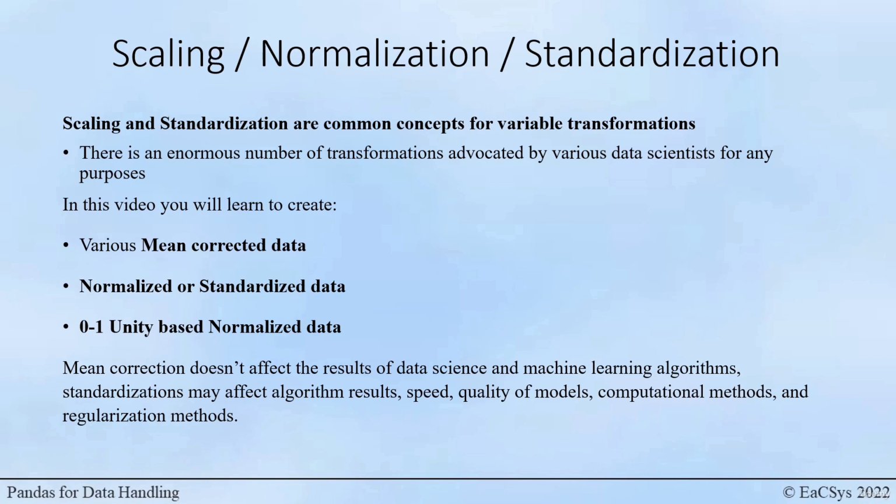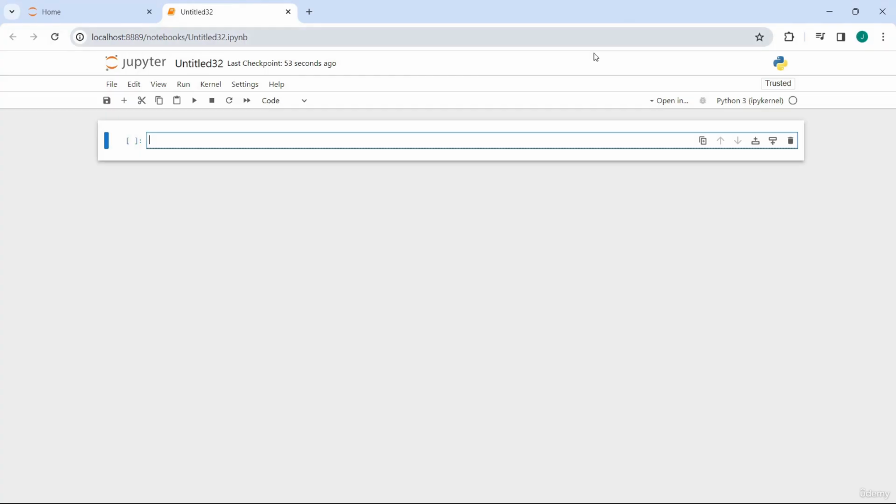All right, now we'll type some code and take a deeper look at these scalings and standardizations in our Jupyter Labs notebooks. So start up your code editors. All right, having started our Jupyter Labs notebooks, we are now going to type some standardization and scaling code. And we will begin by importing Pandas as pd.